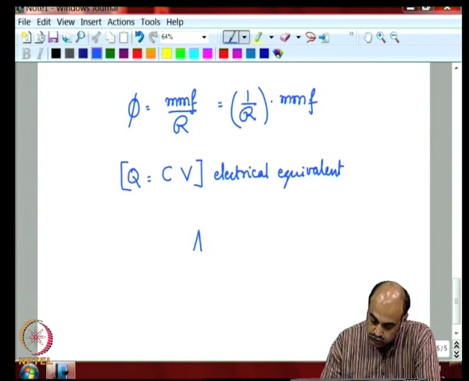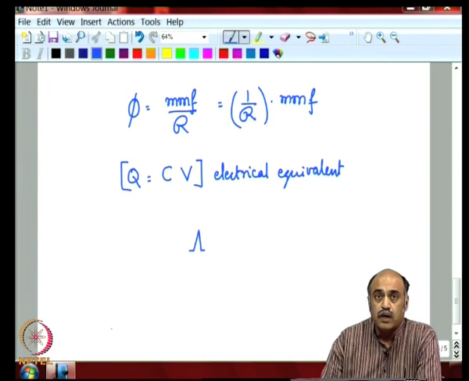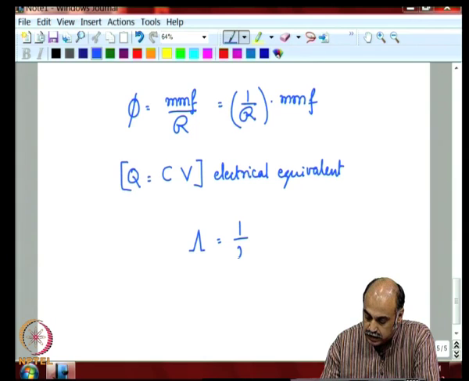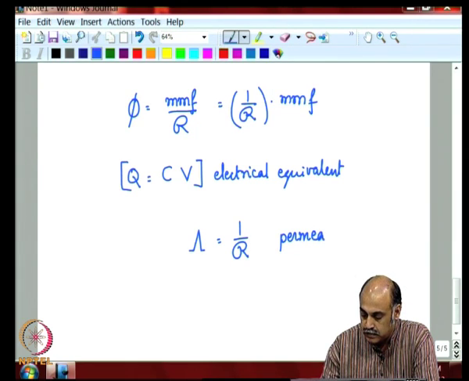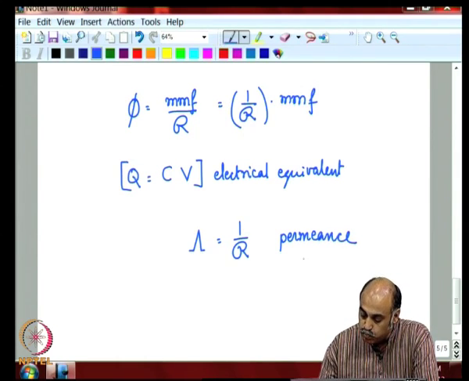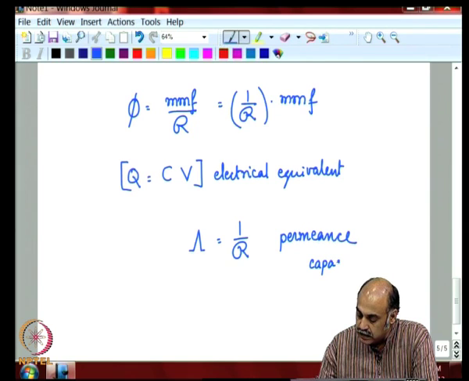I am going to introduce one more term called permeance, which is 1 by reluctance. So, permeance is closer to your equivalent capacitance concept.